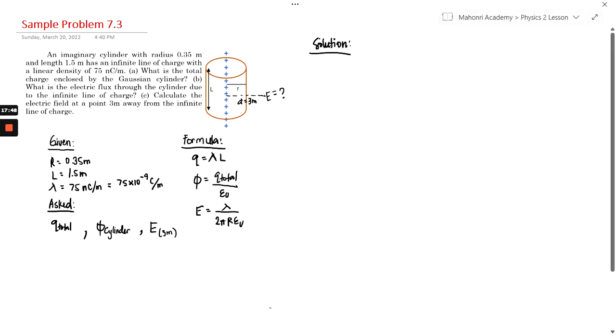So the first problem that we have, if you are looking for the Q total, meaning the total charge of the infinite line, what is the total charge enclosed by the Gaussian surface?